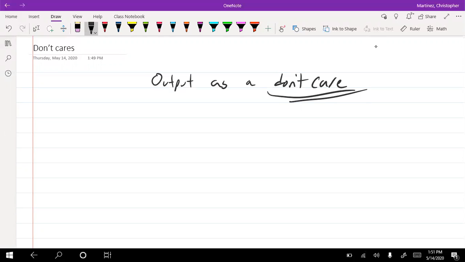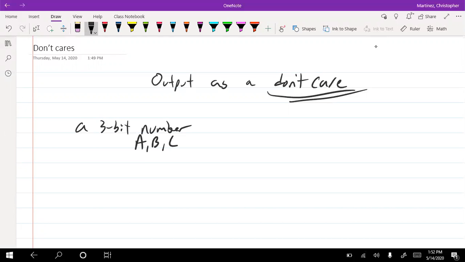Okay, so let's give some context to what a don't care could be. Let's say we have a 3-bit number, A, B, and C. Those are the 3 letters that we're using to make up this number.